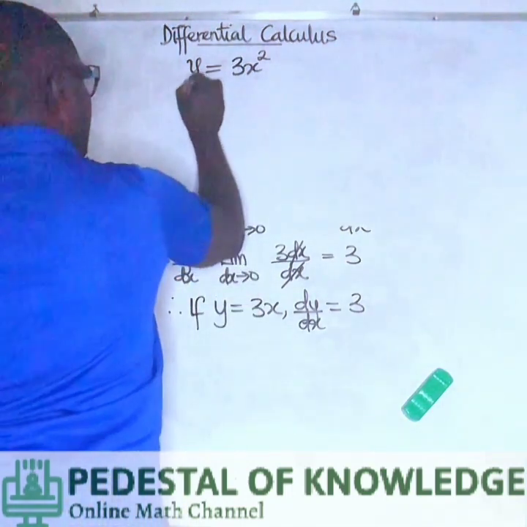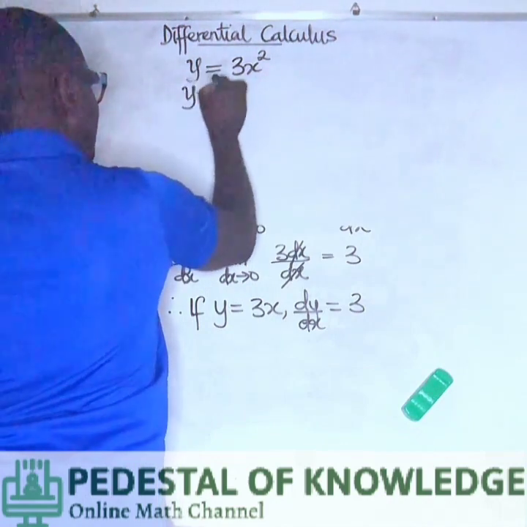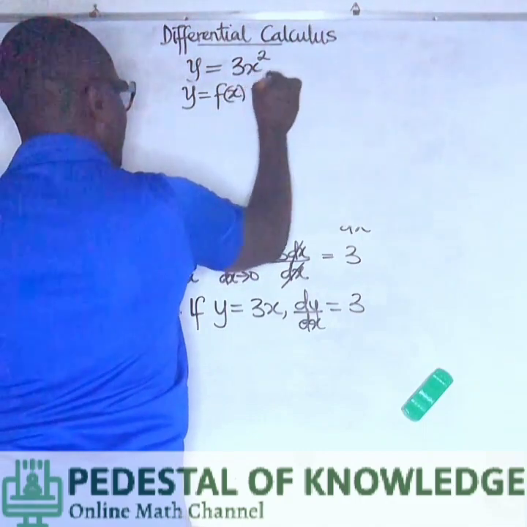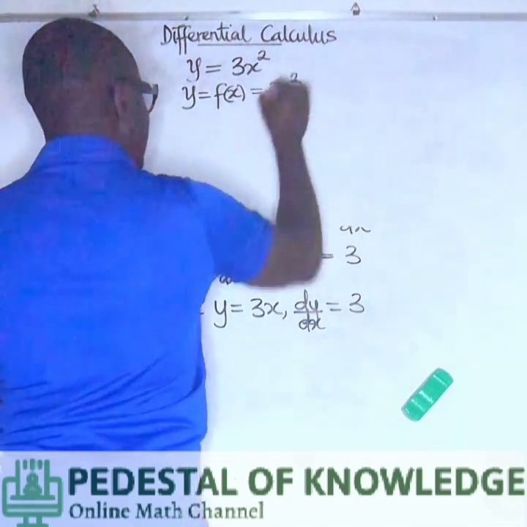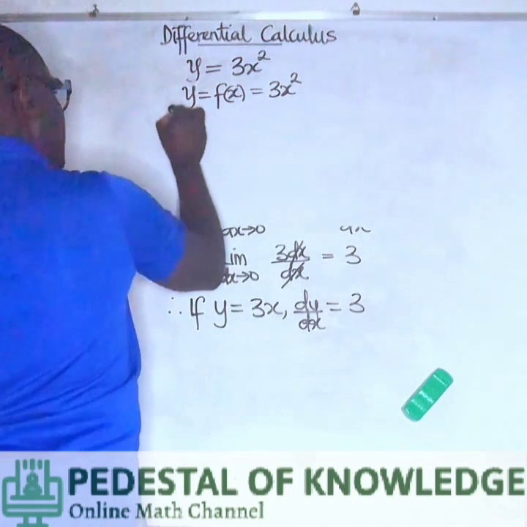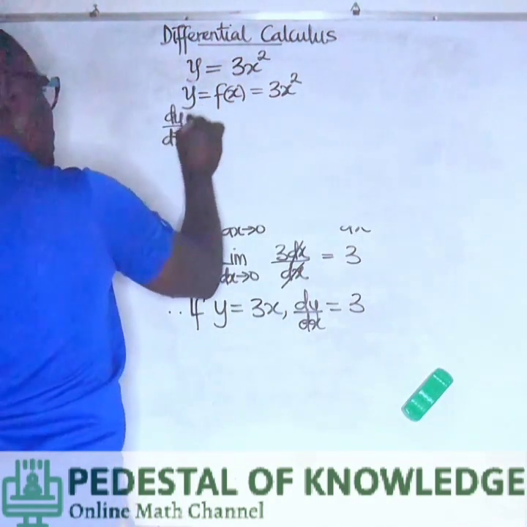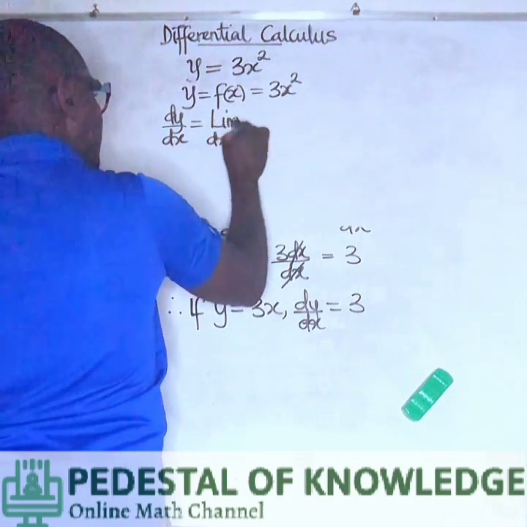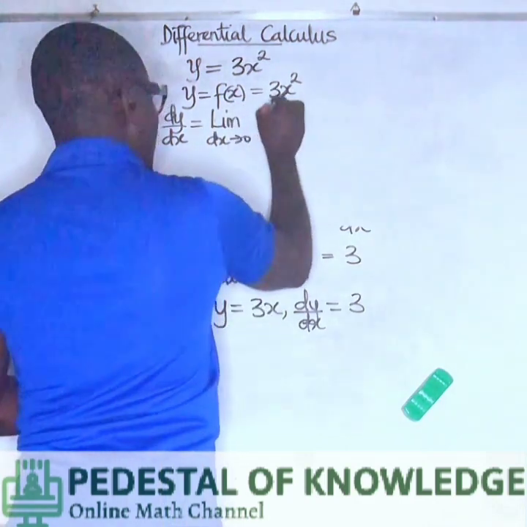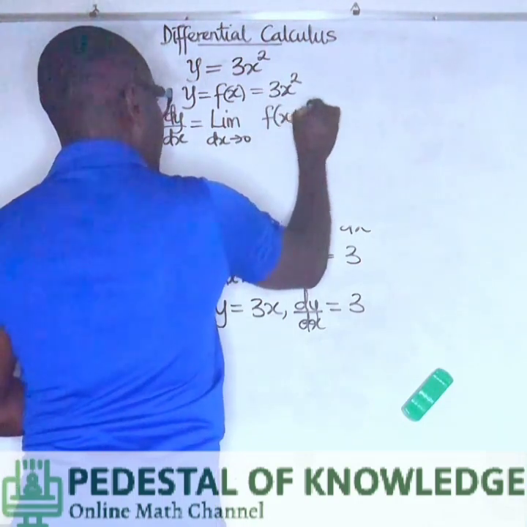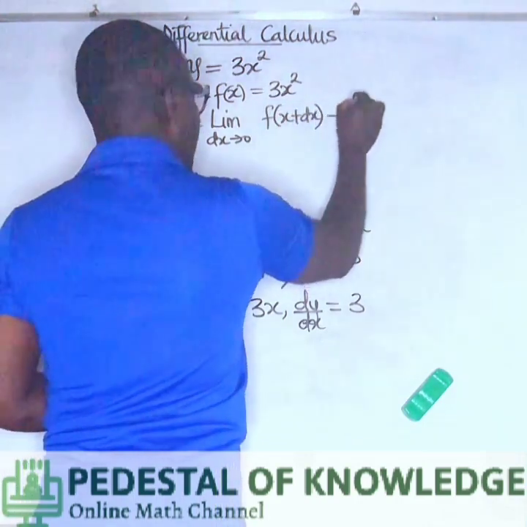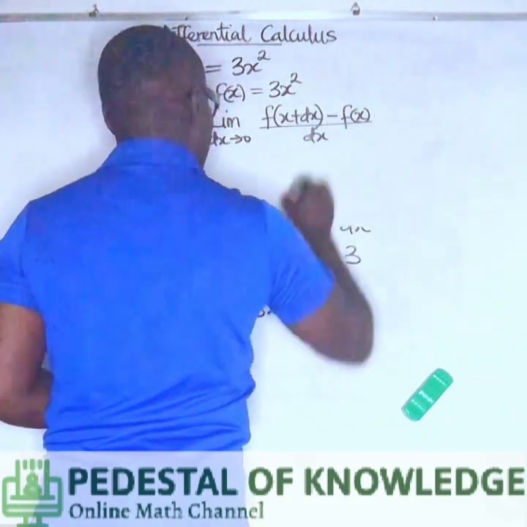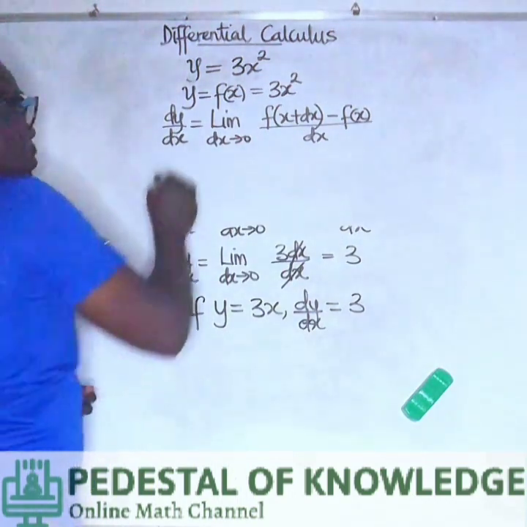Now, as usual, y is equal to f of x, and f of x is equal to 3x squared. Alright, so dy dx is equal to the limiting value as dx approaches 0 of f of x plus dx minus f of x divided by dx.